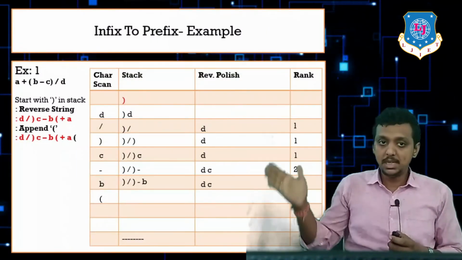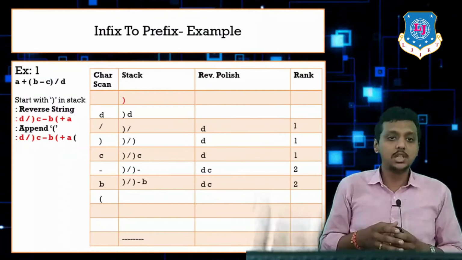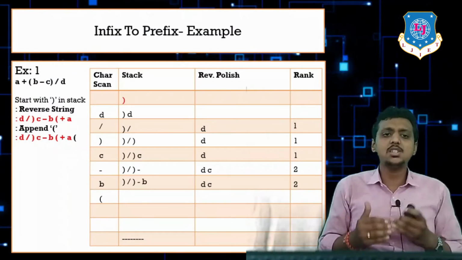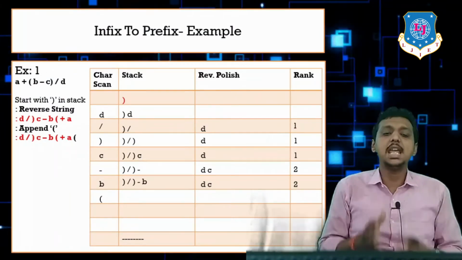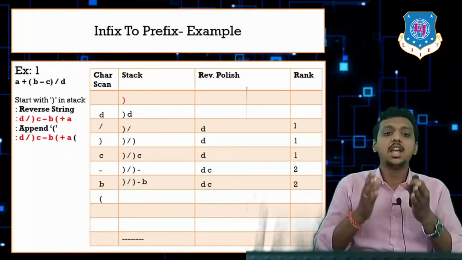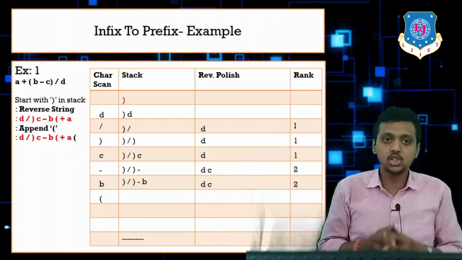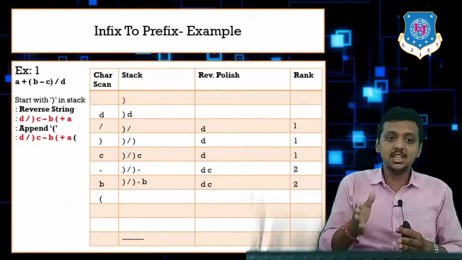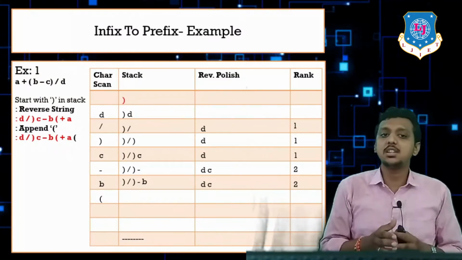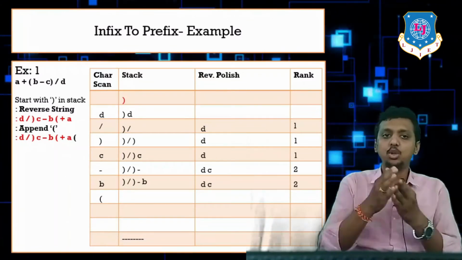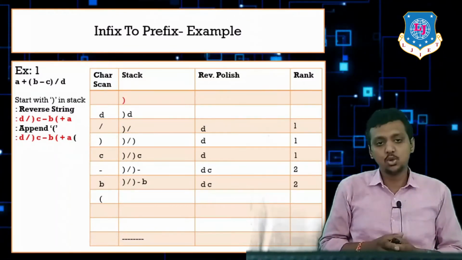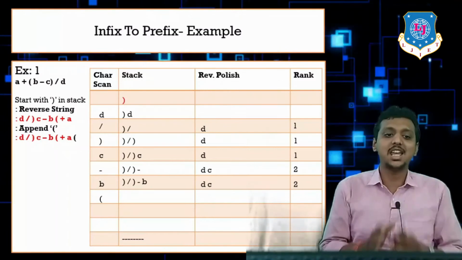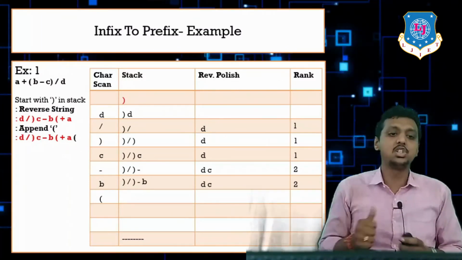So what I'm going to do is pop out B and minus from the stack and append them to the reverse polish in the same manner. So first we have D, then C, then B, then minus, and the opening bracket and the closing bracket both get cancelled out. So the remaining terms in the stack are closing, division.